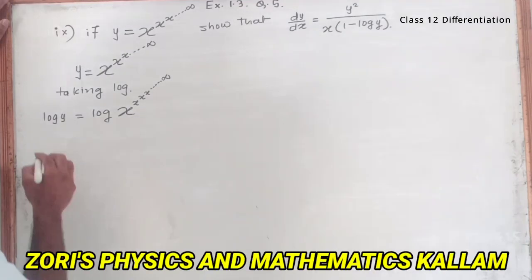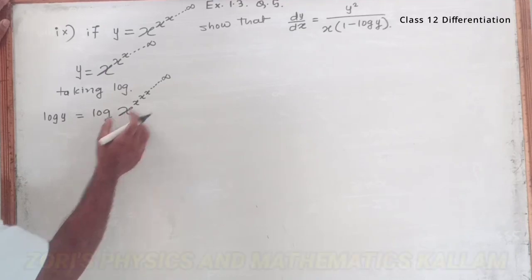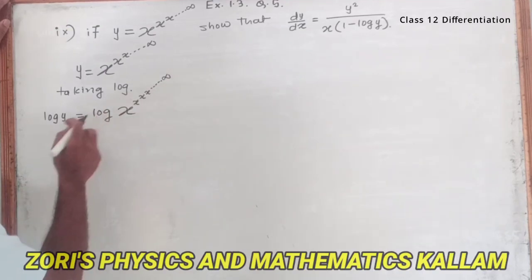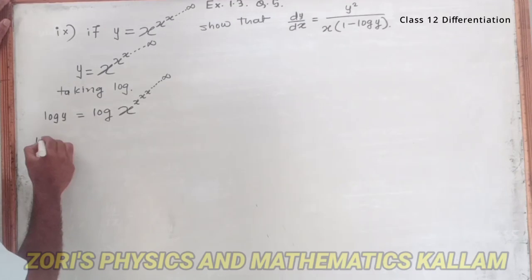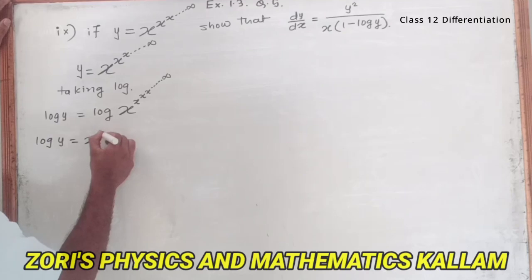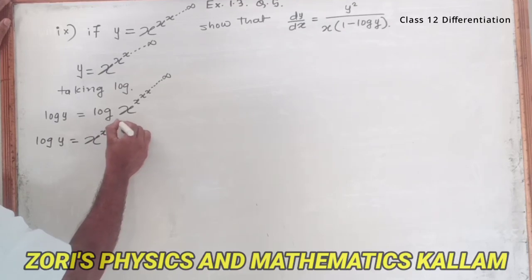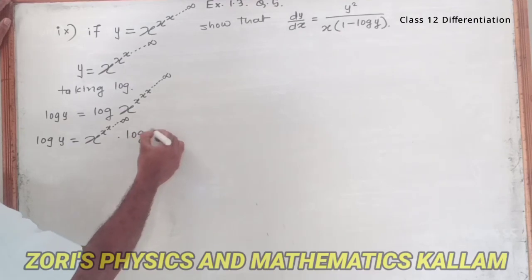Now see, according to the power rule of logarithm, this total power comes ahead in front of the log here. So log y is equal to x raised to x raised to x raised to till infinity into log x here.